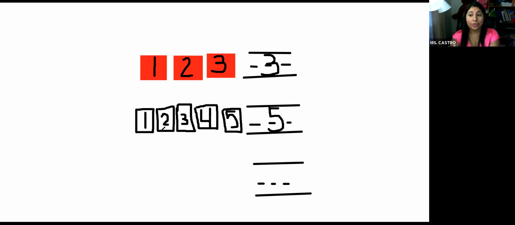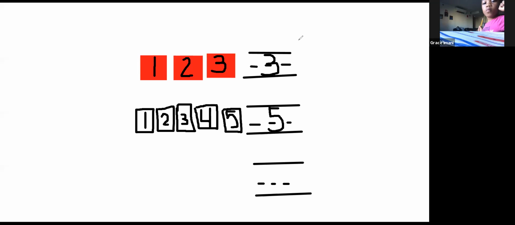We started off with 3 red cube trains. Noah is correct. 5 is greater than 3. There's also another number that is greater than 3. What's another number that is greater than 3? It has to be more. Gracie Mani, what's another number greater than 3? 4. Excellent job, Gracie Mani.